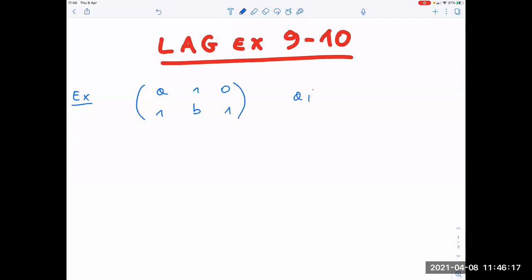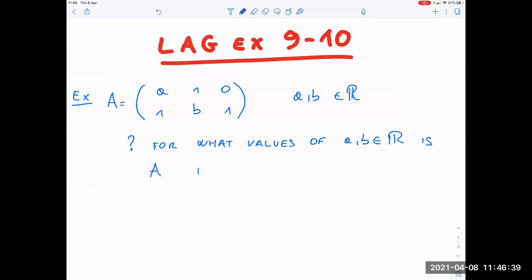A and B are real parameters. And then there is a question: for what values of A and B in R is the matrix, let's give it a name, A, row reduced?